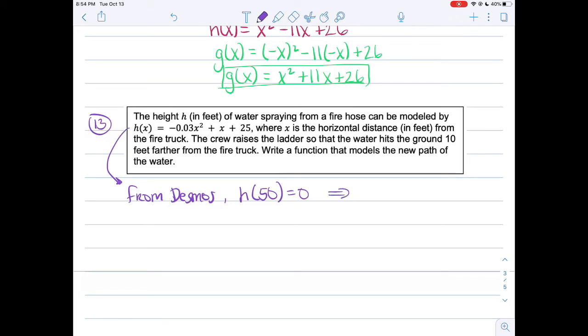However, we now want to be 10 feet further out. So we want h of 60, all right? And right now, h of 60 was equal to negative 23. So let's take a look at that on a markup of the Desmos graph so we can see exactly what's going on here.